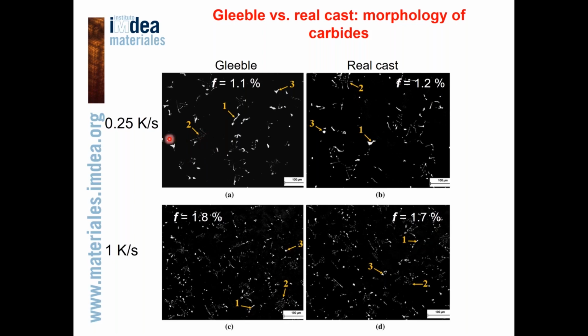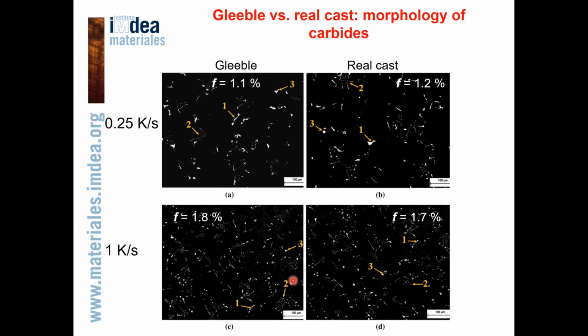With increasing cooling rate, we can see that the carbides are refined, and also interparticle spacing increases. This observation can be explained by a decrease of time for diffusion of alloying elements, in other words, by a decrease of carbide growth time.